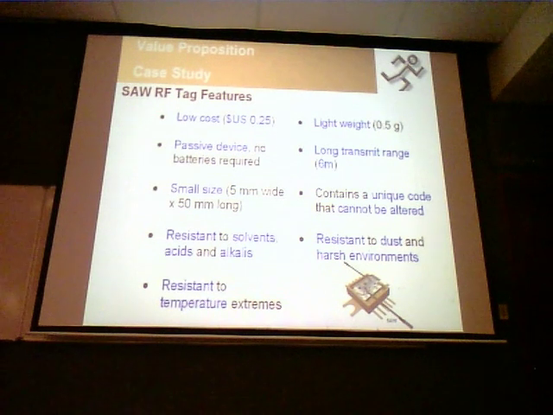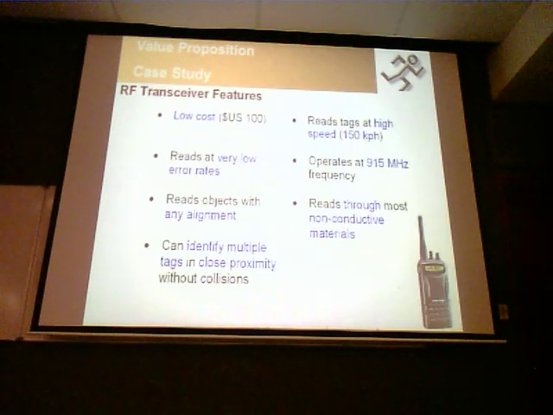You can have it sit in alkaline acid. It's quite resistant to solvents, temperature extremes, dust and dirt. The transmitter, we put it in a unit that looked like that, but it could look like anything. It just transmits a sound wave and then picks it up again. We could make that for about $100 US. You could read tags travelling at about 150 km per hour.